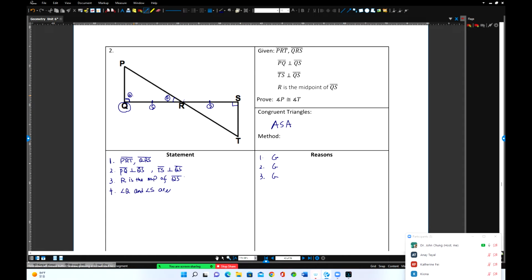But this is only one angle there. So angle Q and angle S, right angles. Perpendicular lines form right angles. That's it.